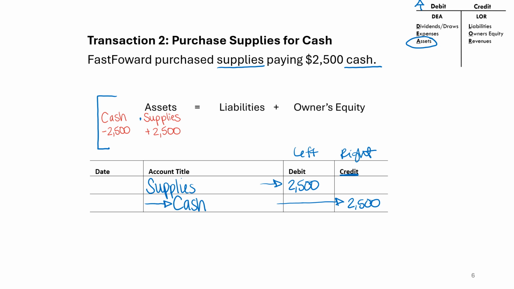So we know that any type of asset account is going to be increased with a debit and decreased with a credit. We know that our supplies are increasing. That's why supplies is debited. Cash is decreasing. That's why cash is credited.